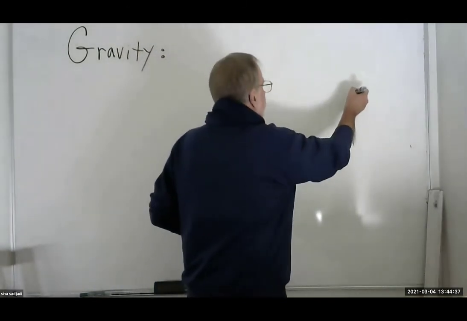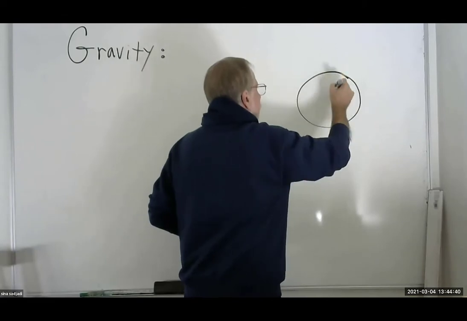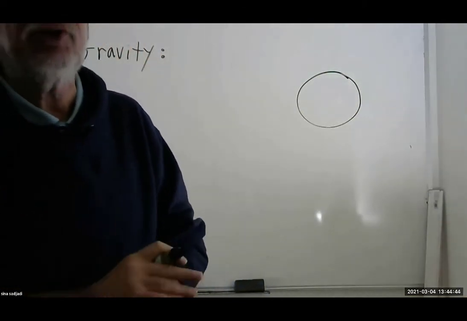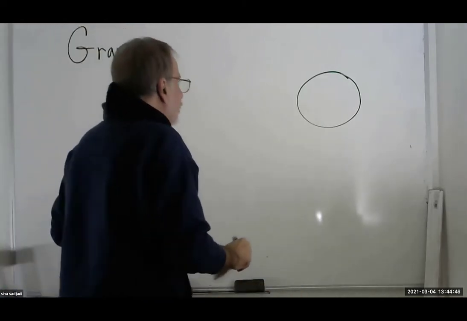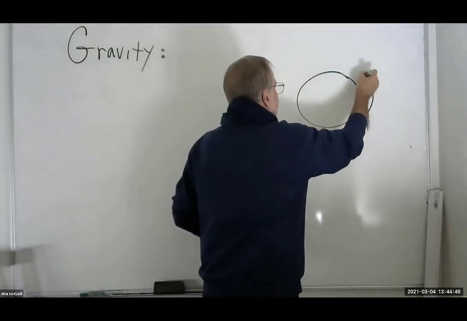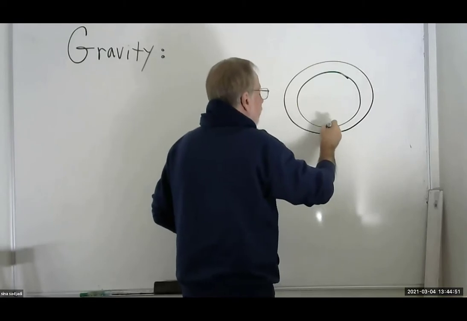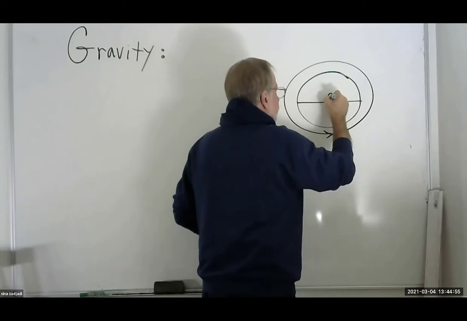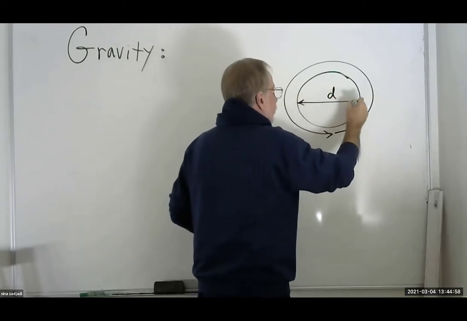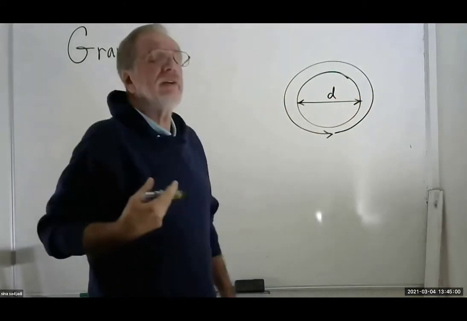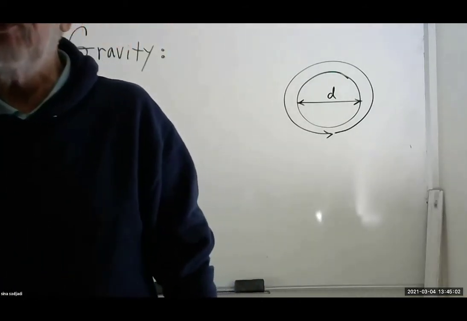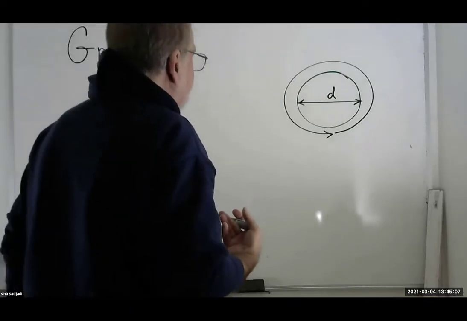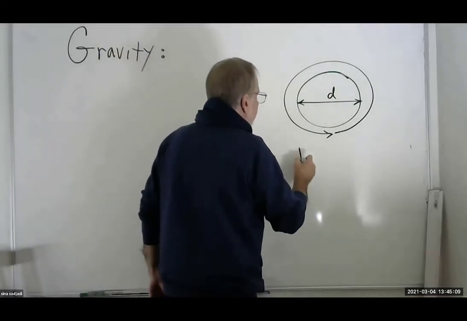Well, it turns out that if you have a circle, and this applies to every size circle in the entire universe, this is called the circumference of the circle. We go all the way around and measure this. This is called the diameter of the circle. If you divide the circumference of a circle by its diameter, you get pi.